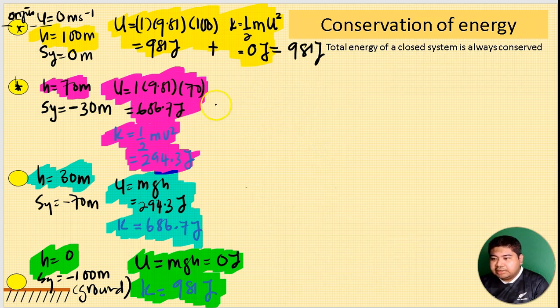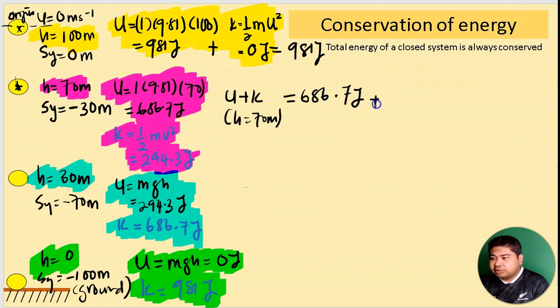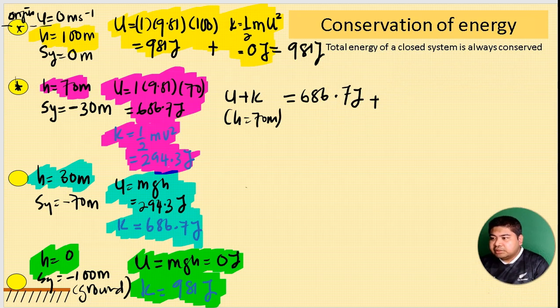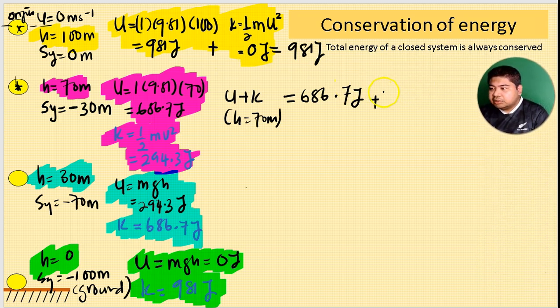If we add the potential energy plus the kinetic energy at the height of 70 meters, U plus K, 686.7 joules, the potential energy, plus the kinetic energy 294.3, you are going to get 981 joules.